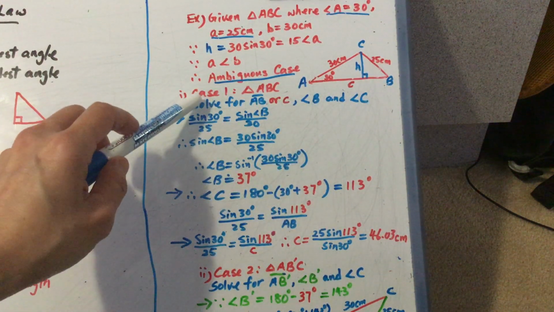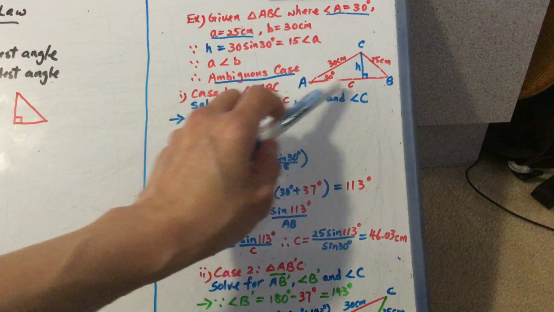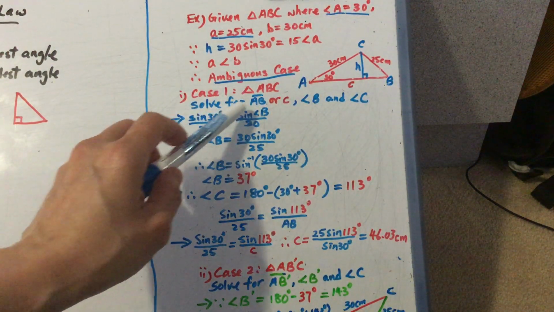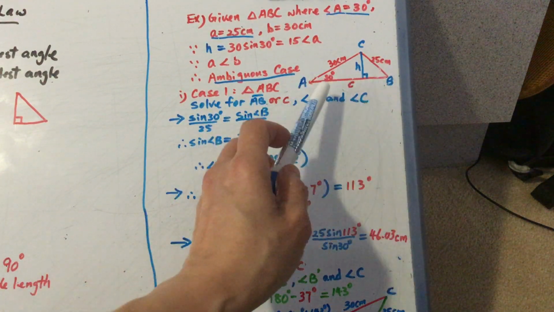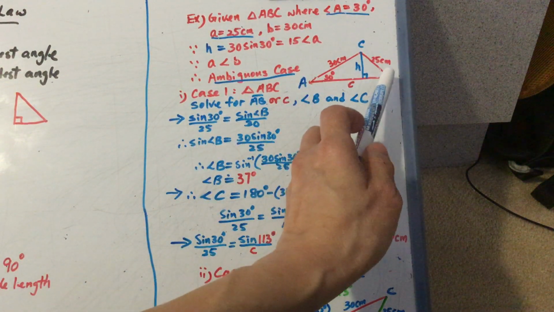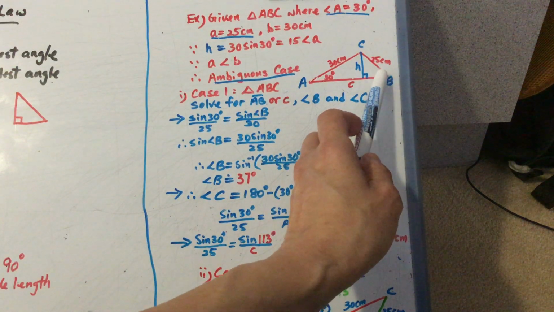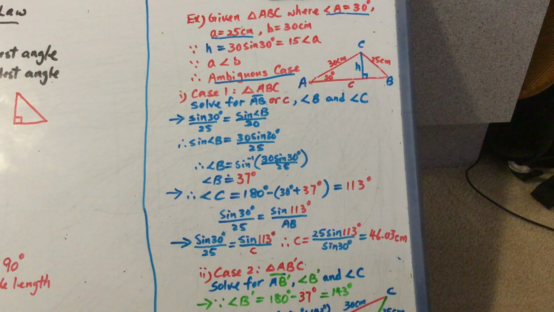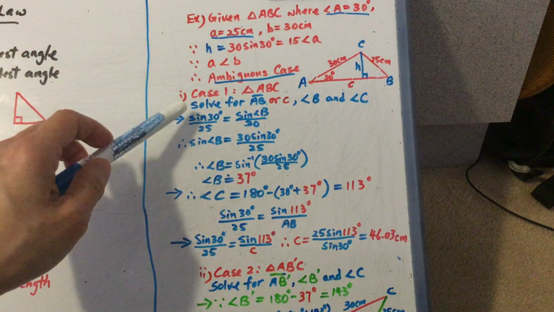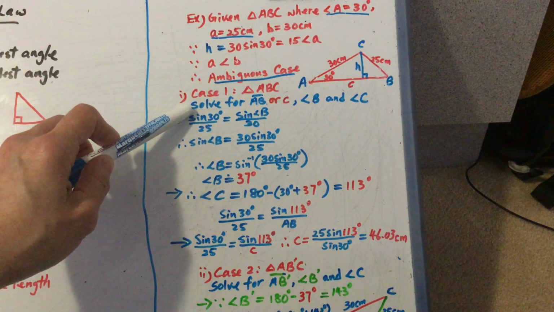In case one, triangle ABC, I need to solve for the missing length, which is the length c or length AB, and what is missing is also the angle B and the angle C. Those are the three missing pieces of information that I need to solve for this triangle ABC.